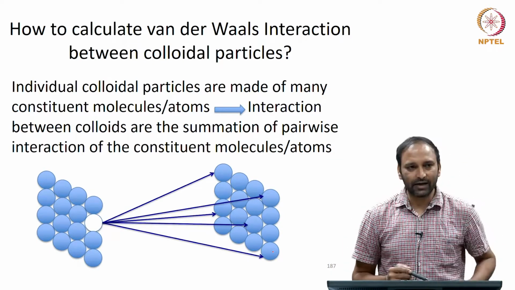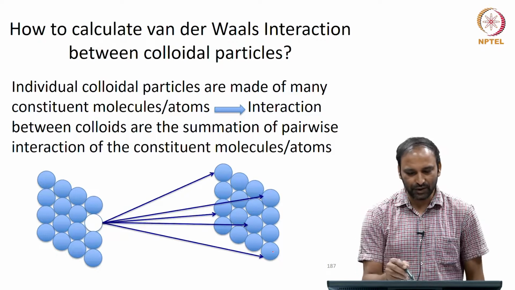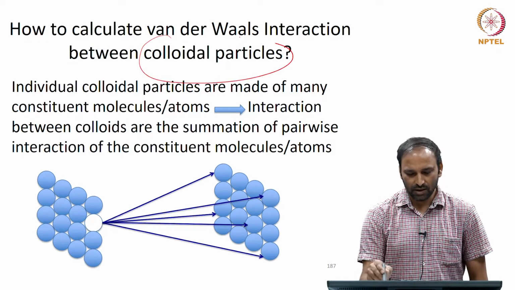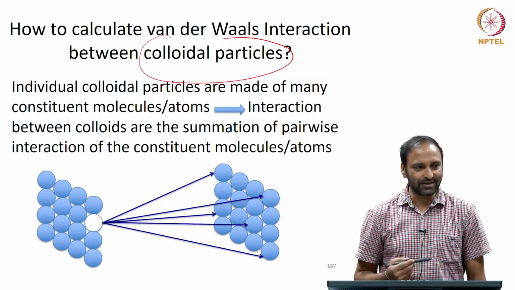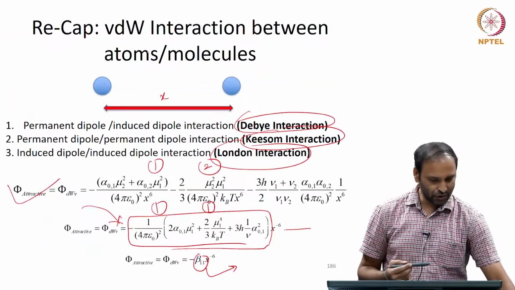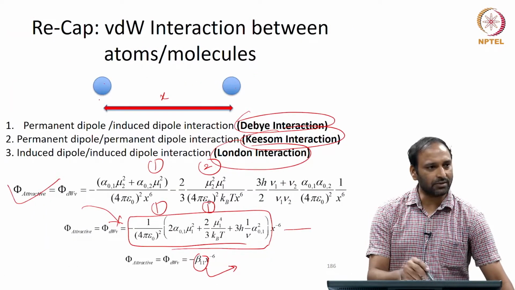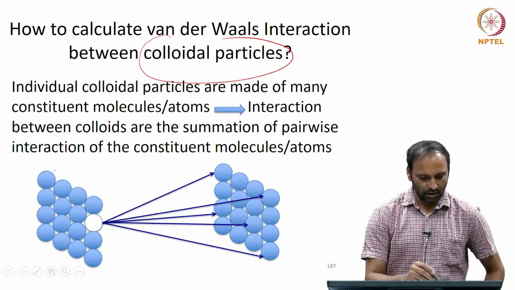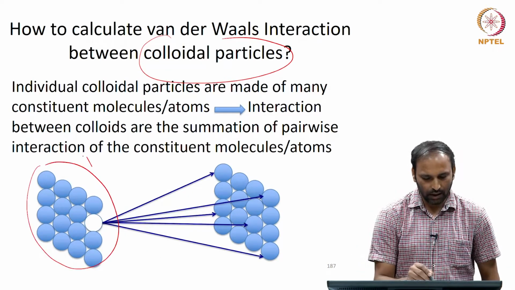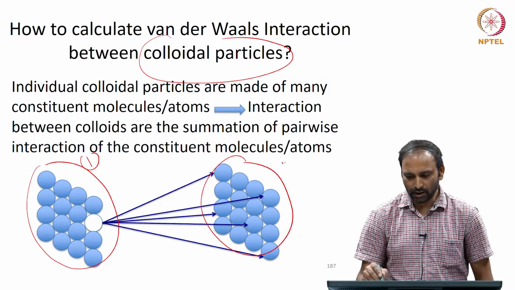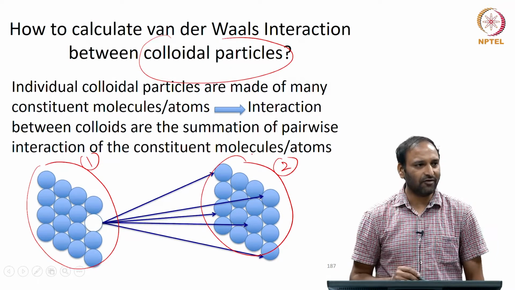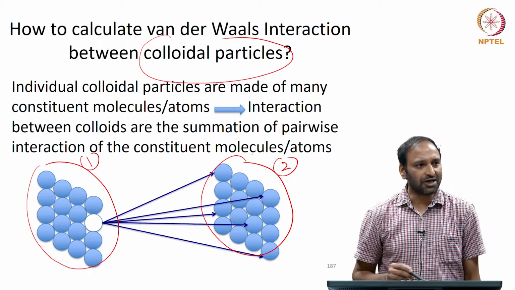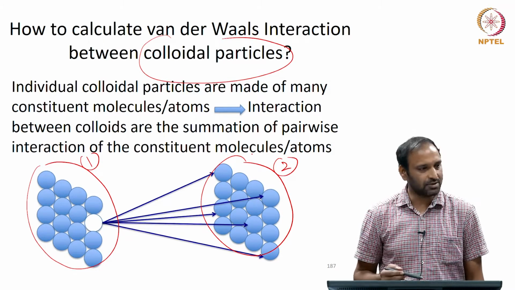Now, if you want to calculate the Van der Waals interaction between colloidal particles, we can extend this. Here we were assuming two atoms or two molecules interacting. Now you can consider colloidal particle 1 and colloidal particle 2 as consisting of a collection of a large number of atoms and molecules.